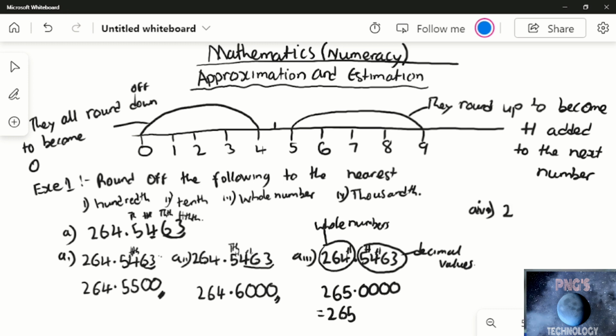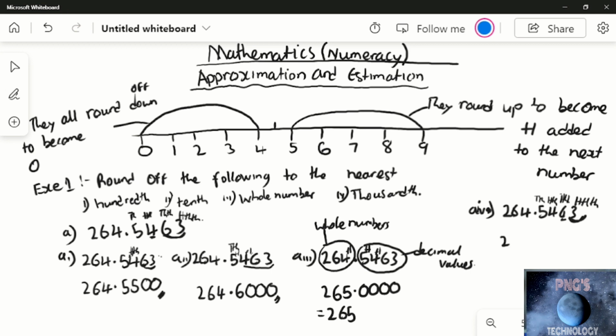So we have 264.5463. So this is tenth, hundred, thousand, 100,000. So thousand, right? So this is thousand. So since this is thousand, we're rounding off this one.